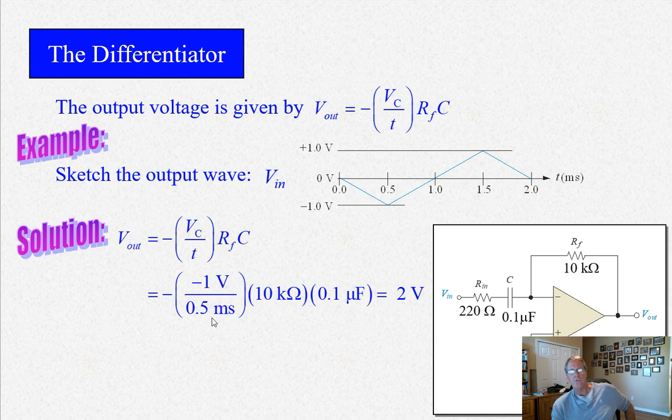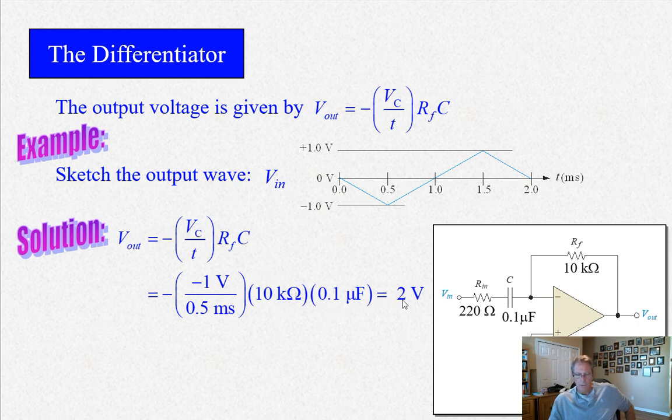So we have minus 1 volt over 0.5 milliseconds. That's the rate, so it's minus 1 volt per millisecond. It's a constant ramp. It's not really constant voltage, but it's a constant ramp. 1 volt for 0.5 millisecond. So that's what this VC over T is, times 10K times 0.1 microfarad equals 2 volts.